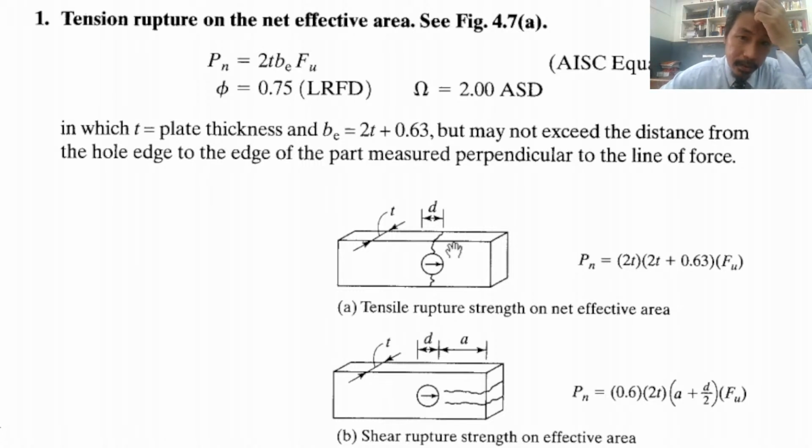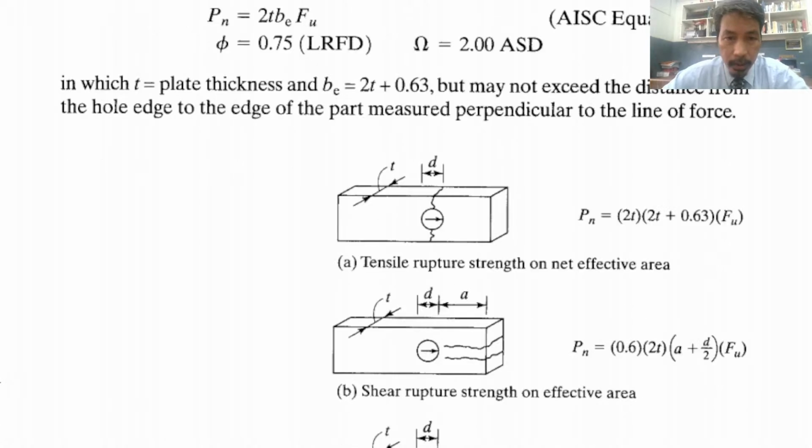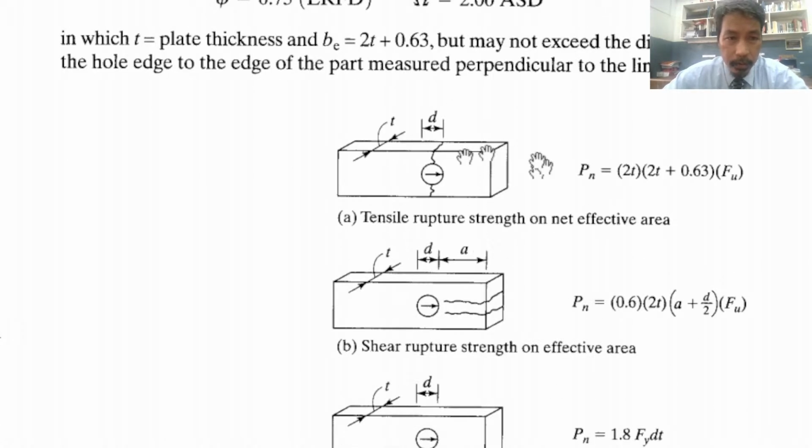B is the width, and t is the thickness. So b_e is equal to 2t plus 0.63. t is the plate thickness, but may not exceed the distance from the hole edge to the edge of the part measured perpendicular to the line of force. For example, letter A, B, C, D.